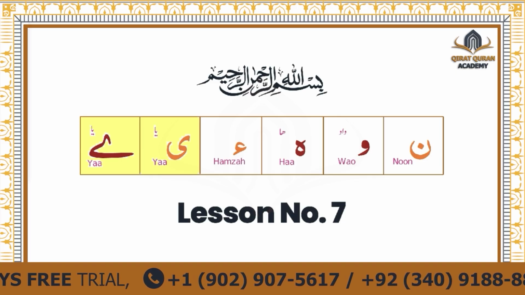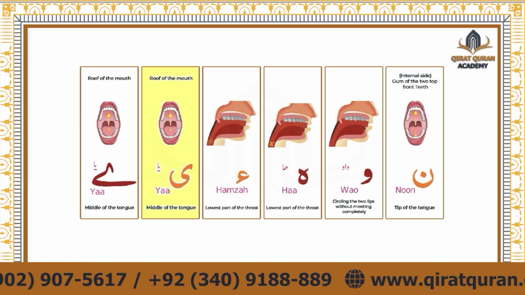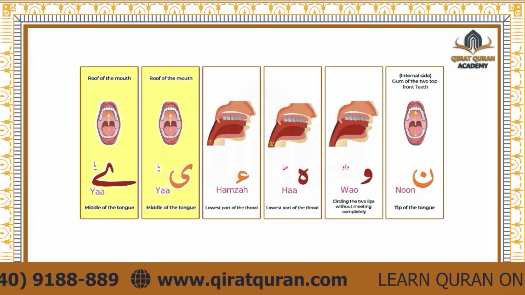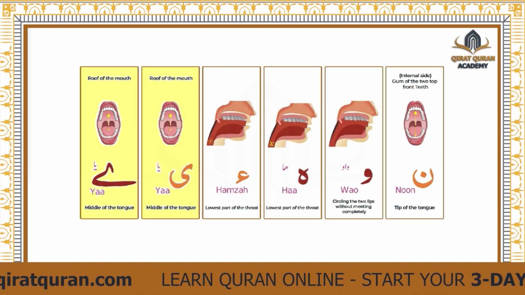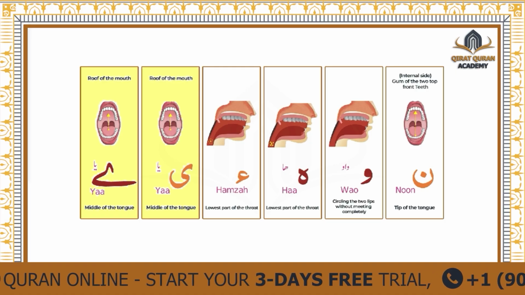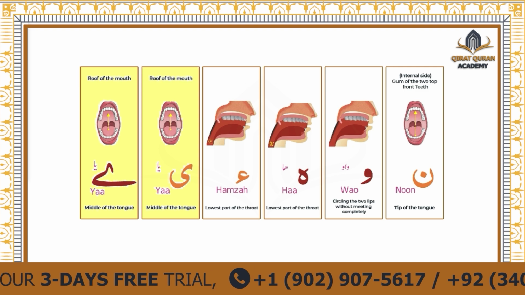Otherwise, both these letters are called Ya. The origin of these two letters is the middle of the tongue will touch the roof of the mouth. This is the middle part of the tongue, and it will go touch the roof of the mouth. That's how you can easily pronounce Ya.